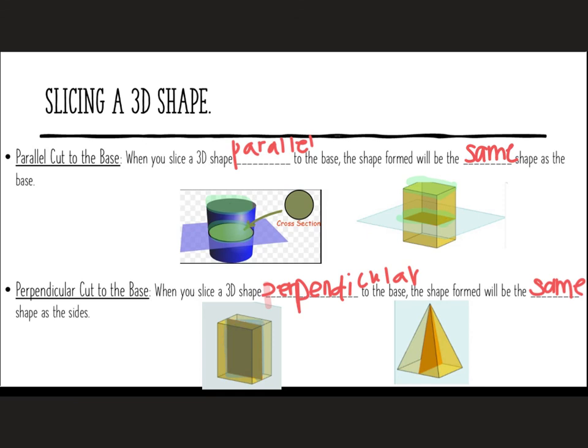And then on a rectangular pyramid, this one might make more sense. My base was a rectangle, but my sides are all triangles. So when I slice a 3D shape perpendicular to the base, my cross section is the same shape as the sides. So my sides are triangles, that means my cross section here should be a triangle.